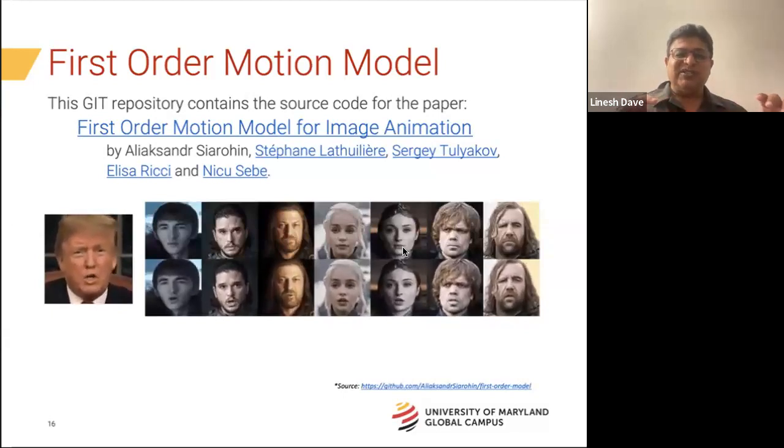You see all those still images are now giving the same speech, and they're making similar actions as the driver video. You may have seen this. A lot of apps on smartphones have now come up with this idea that you provide any of your old pictures, and they will make that picture come alive.